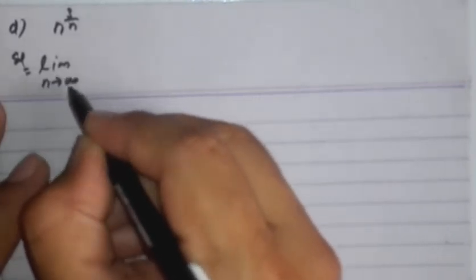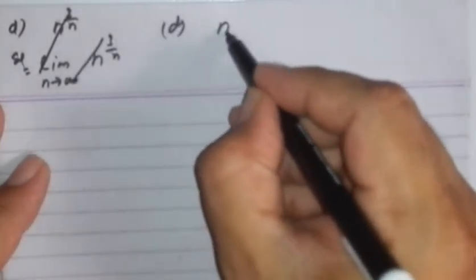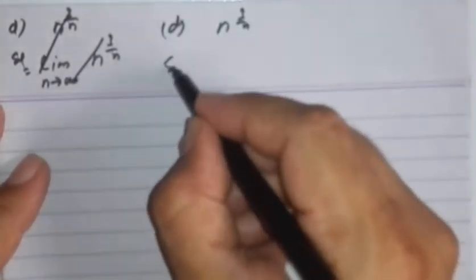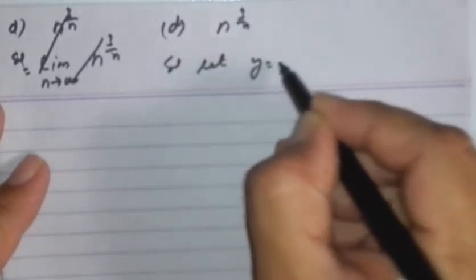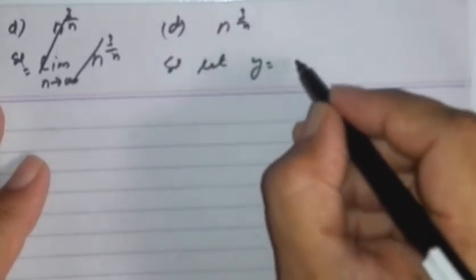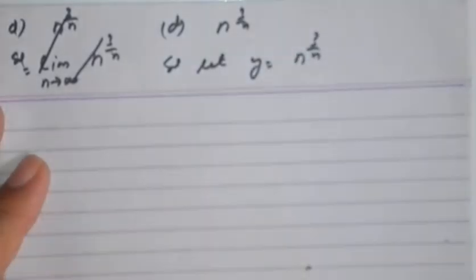Part D, n whole raised to power 3 by n. Solution: take limit n tends to infinity n to the power 3 by n. Let y equal to n raised to the power 3 by n.